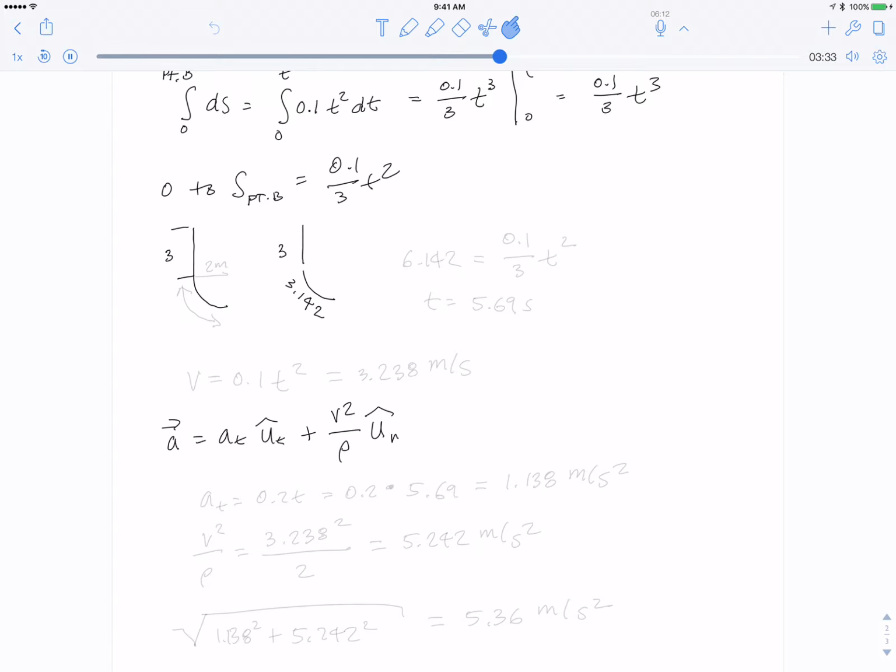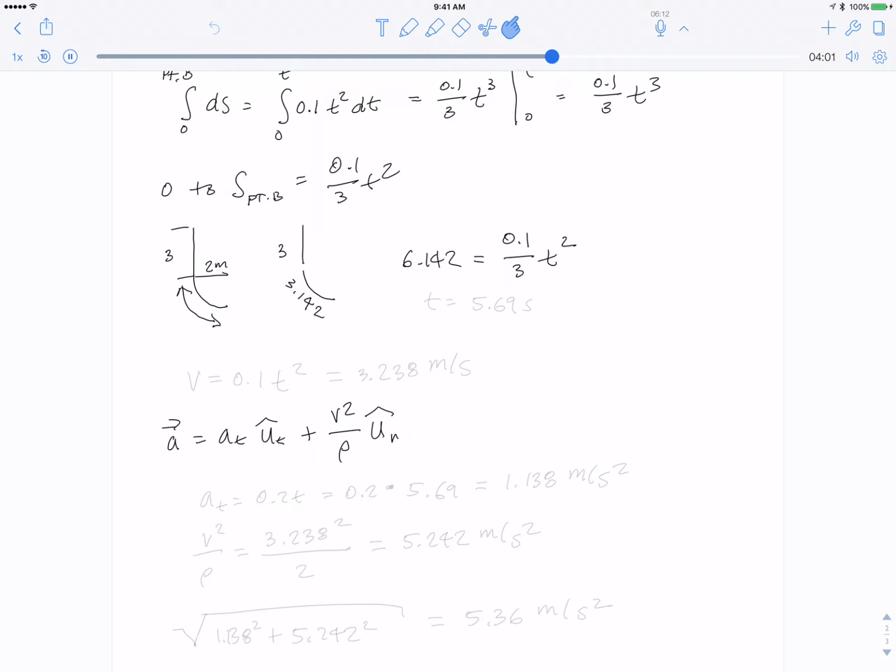That's 3 meters. The radius was 2 meters, so we need to figure out this distance. I figured out that the length of a quarter circle with radius of 2 is 3.142 meters. So the total length traveled is 6.142 meters, and that's going to equal 0.1 over 3 t cubed.